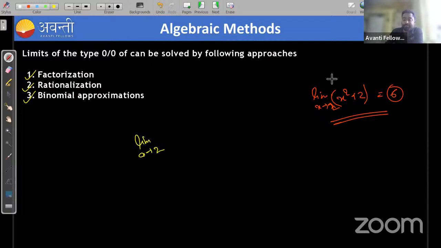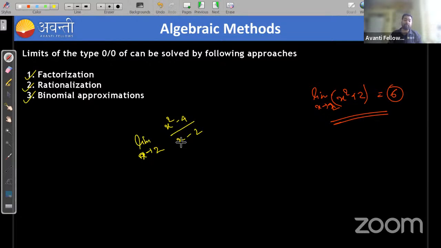If I ask you to find the limit as x tends to 2 of x square minus 4 by x minus 2, how can we evaluate it? If you directly substitute x as 2, it will be in 0 by 0 form.